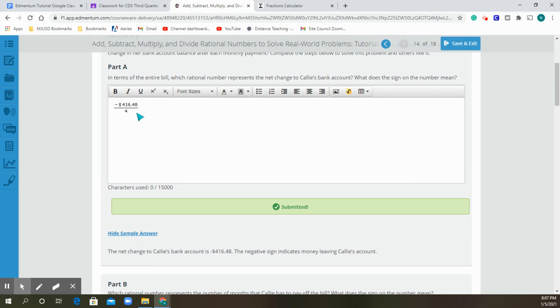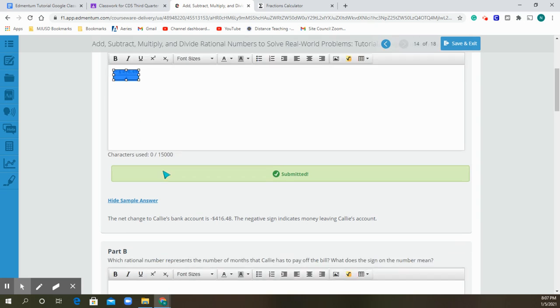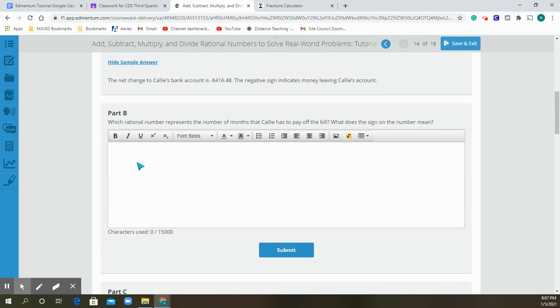Okay, so again, it's the same concept. The number of months is 4. What sign is there? None. It's positive. So that means number of months, and you can't go back in time.